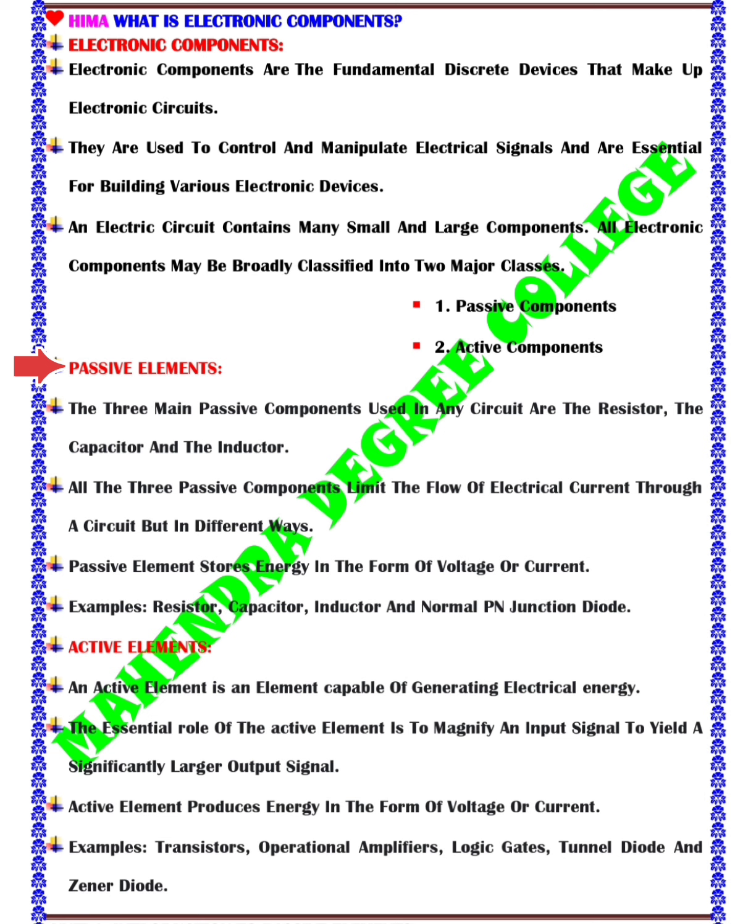These passive components do not have the capacity to amplify the voltage or to rectify the supply. Without these components, assembly of an electronic circuit is not possible. Resistors, capacitors, inductors are called passive components.